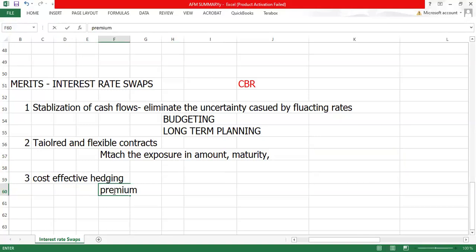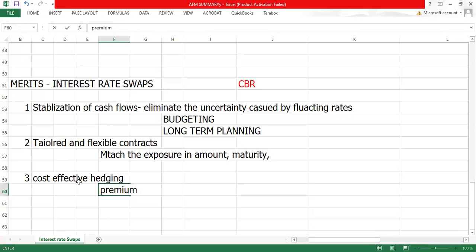Unlike options where you pay upfront premiums, upfront costs. With swaps, you don't pay that kind of money. So there is no upfront premium, and this makes this instrument cheaper to implement.